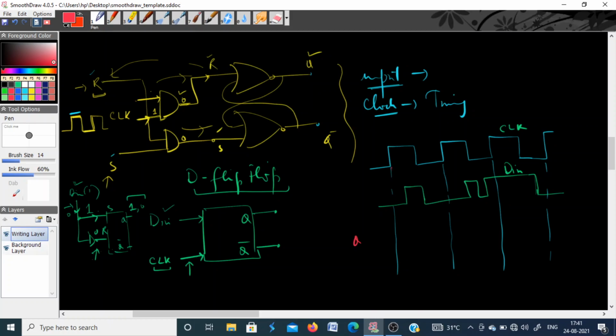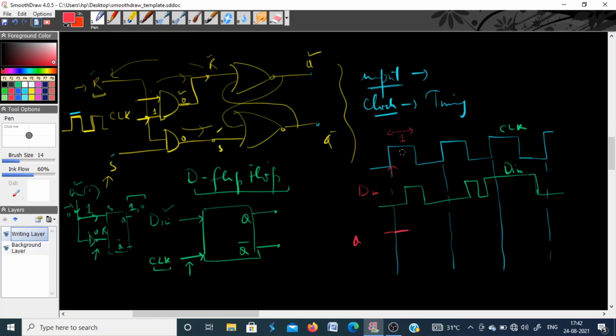At this point the clock goes from logic 0 to logic 1. It means that for the time this clock remains at logic 1, your flip-flop output will change depending upon the input you are applying. So this is your D input. At the start, when your clock pulse goes high, your input is 0, so your output will also be 0.